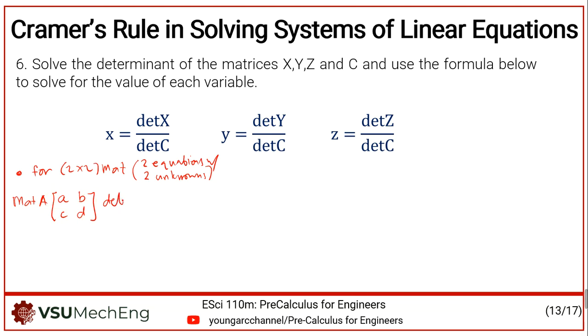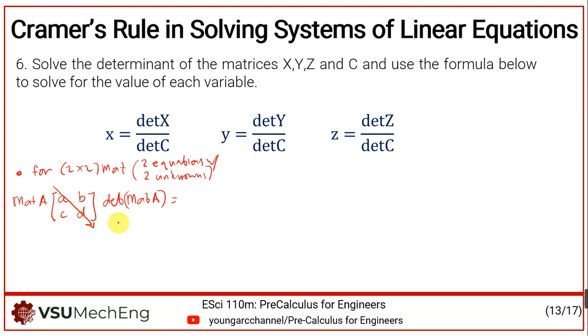To find its determinant, the notation is the determinant of matrix A is equal to, so make some diagonals, starting with a diagonal from top left to bottom right.